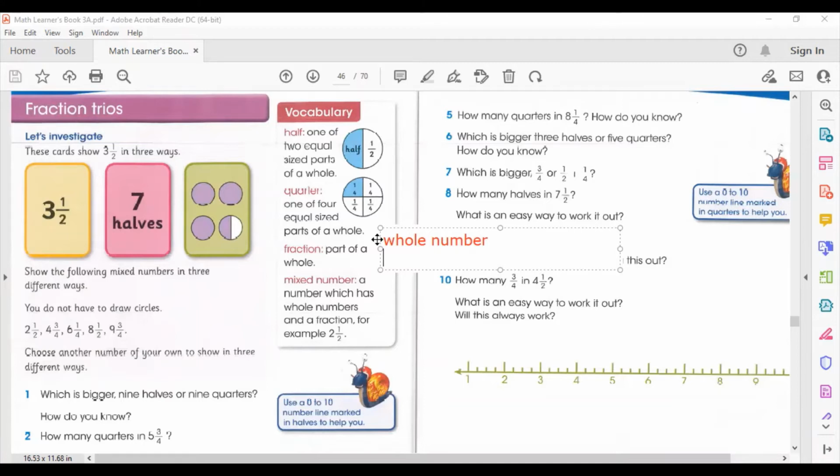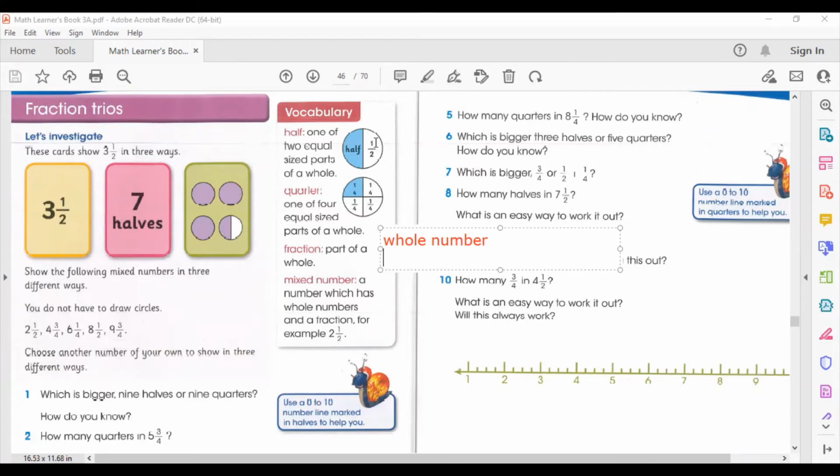A fraction is a part of a whole: 1 by 2, 3 by 4, 7 by 8, 1 by 8, 7 by 6. In a fraction, up and down are the numerator and denominator. 5 by 10, 6 by 7, 3 by 2, 1 by 4. These are fractions. So this is called a fraction.